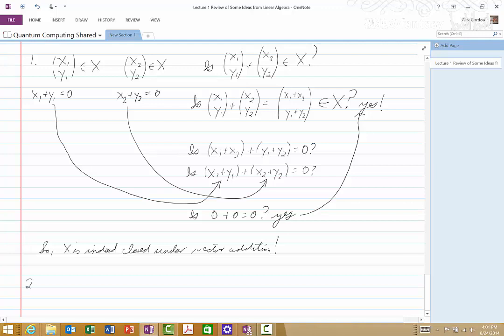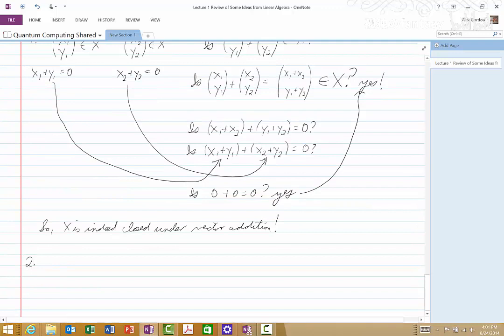And now we go to scalar multiplication. Okay, we'll pick again x1, y1 to be some vector in X, and lambda is some scalar. And so we'll ask now, is lambda times x1, y1 in X?